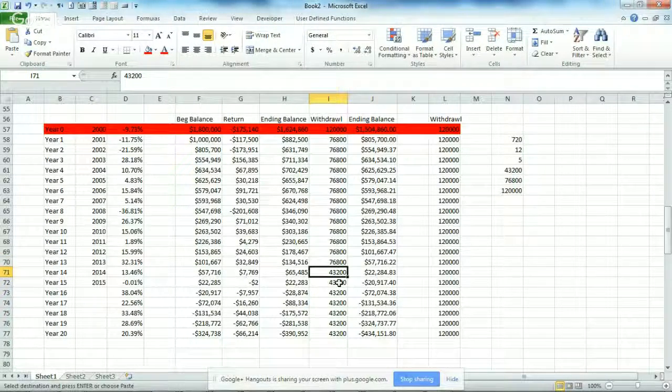But then the good thing is that the annuity is going to keep paying you for the rest of your life. So at least you'll have partial income coming back.